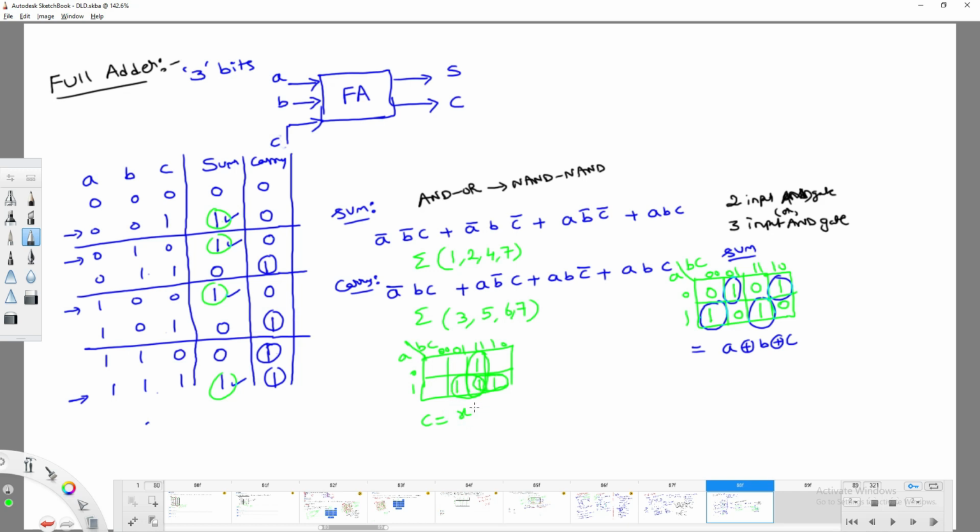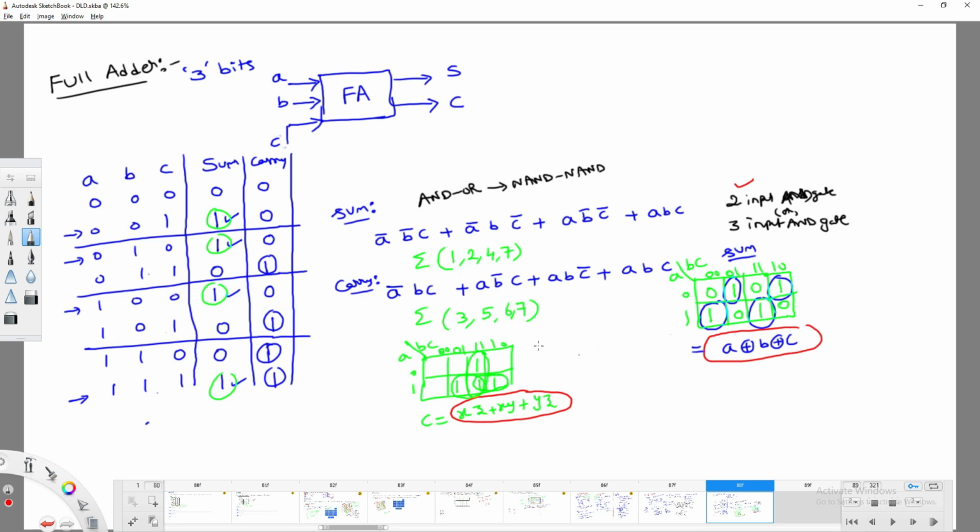If you solve it, you get xz plus xy plus yz. Now which one is better, constructing circuits in this form or the earlier form? Constructing the circuit in this form is better because it takes fewer gates. Okay, fine.